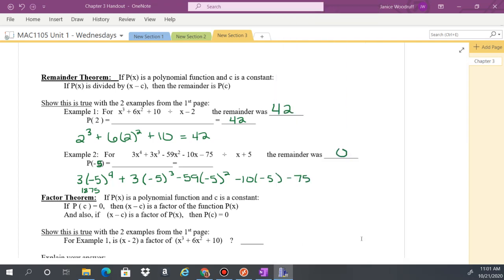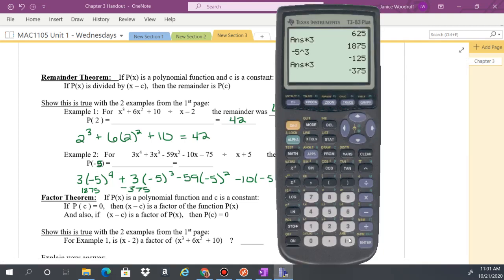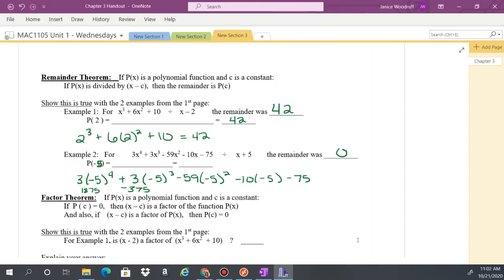Negative 375. Negative 5 squared is 25, so negative 59 times 25 is negative 1475. Negative 10 times negative 5 is positive 50 minus 75. So let's see what we get here.